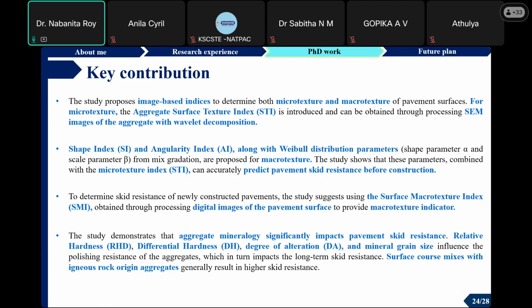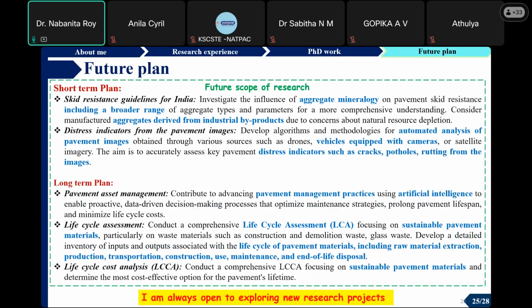It was also observed that surface course mixes with igneous rock origin have more resistance to skid. Now this is all about my work, whatever I have done so far.